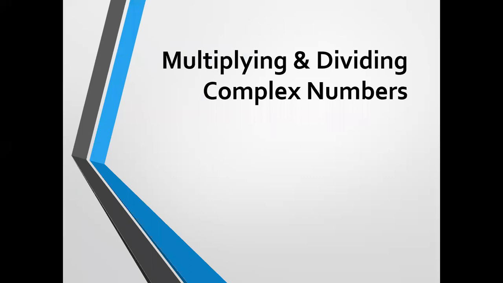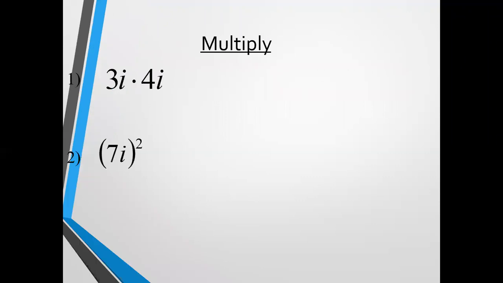So we want to see how we can multiply and divide complex numbers. To multiply 3i and 4i, how do we do that? And what is 7i squared?